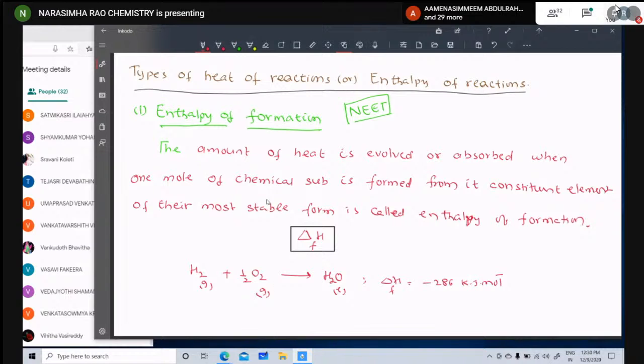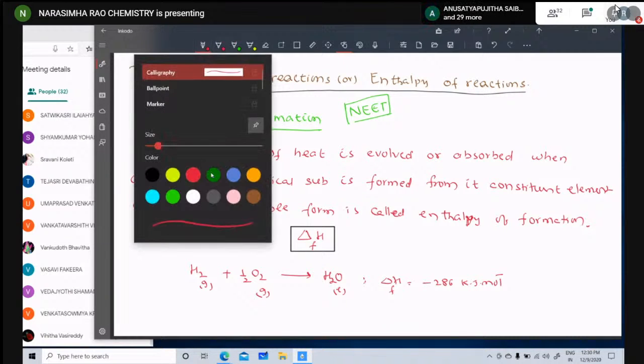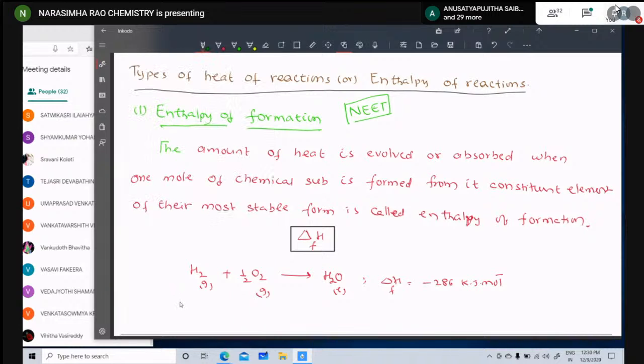Understand? Right. I am taking one more example as a contrast to this one. Now CH4 means carbon graphite plus hydrogen gas to form CH4 gas.